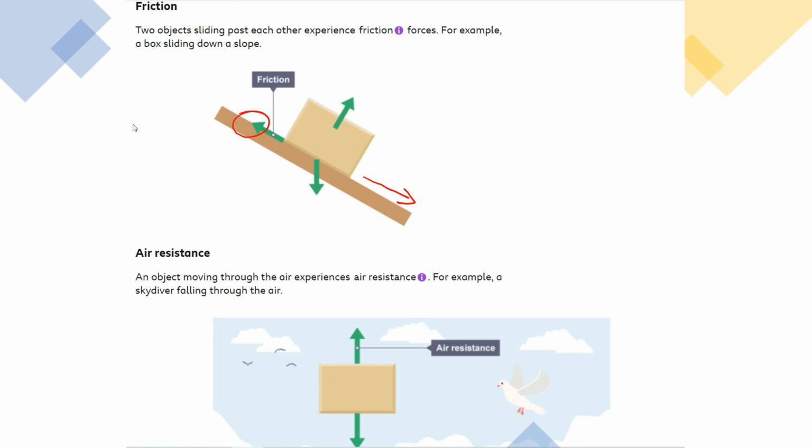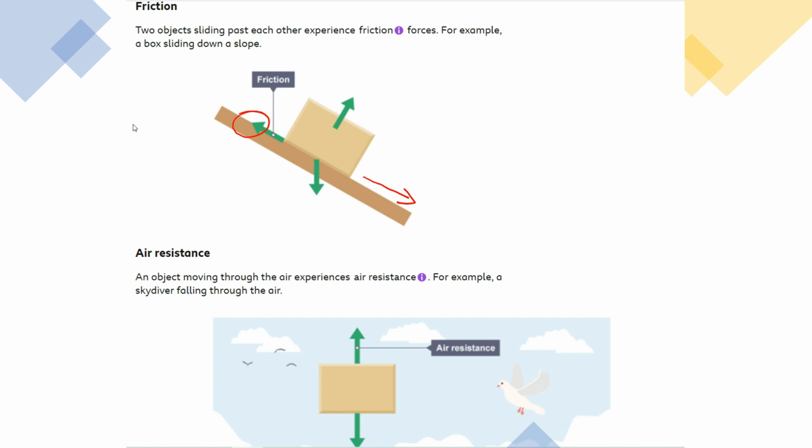Now next, air resistance. An object moving through the air experiences air resistance. For example, the skydiver, when he jumps from an aircraft, experiences a drag, an opposition, and that opposition is caused by air.